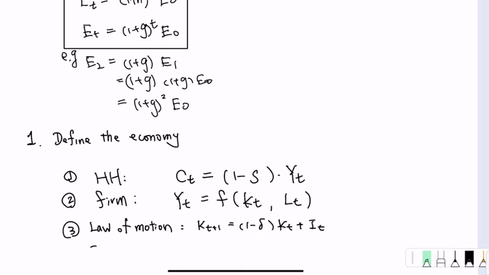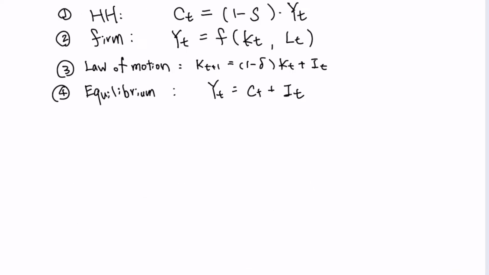We say that K_(t+1) equals (1 minus delta) K_t plus I_t. K is the capital stock, delta is the depreciation rate, and I is the investment. Finally, we define the equilibrium condition of this economy, which tells us whatever amount of output is produced needs to be either consumed or invested. Later on, in order to reduce the number of equations, we will combine equations 1 and 4 and introduce a new version of the equilibrium condition.